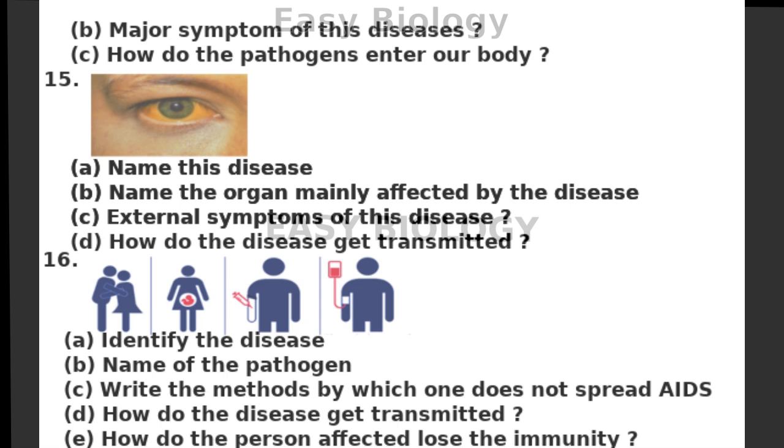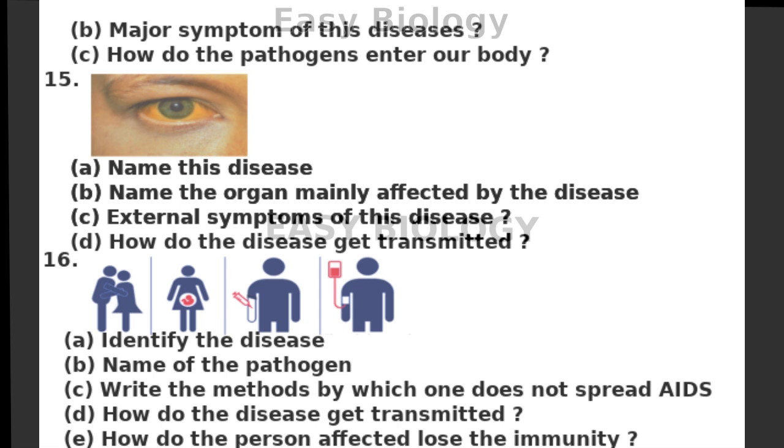Question number 15A. Name this disease. Answer: hepatitis. 15B. Name the organ mainly affected by the disease. Answer: liver. Hepatitis is a liver disease.